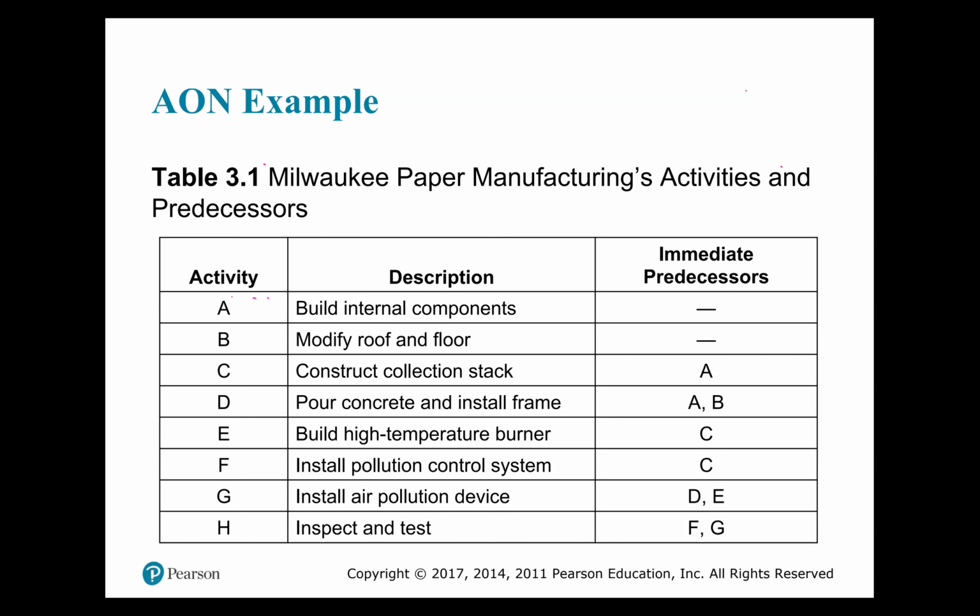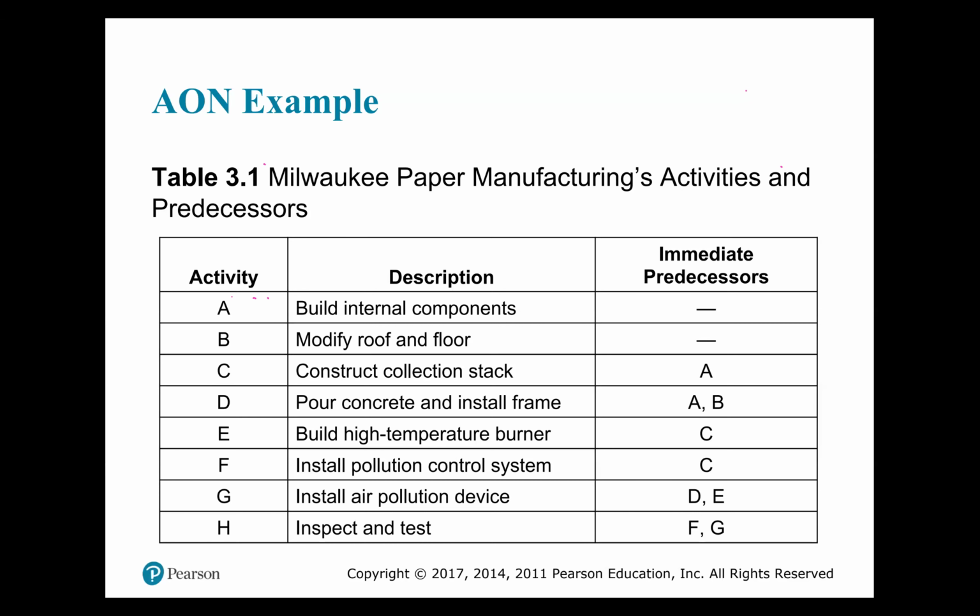Right, so if you notice here, we have a work breakdown structure in the form of some activities and the description. Now, note that in this table, we have the description of the activity.